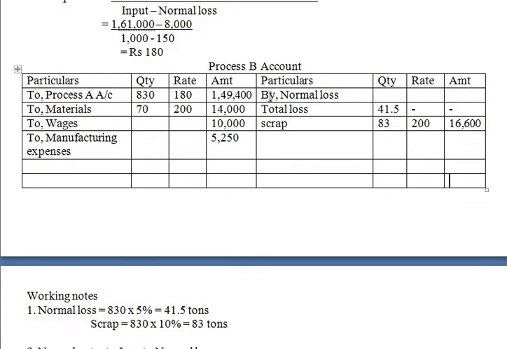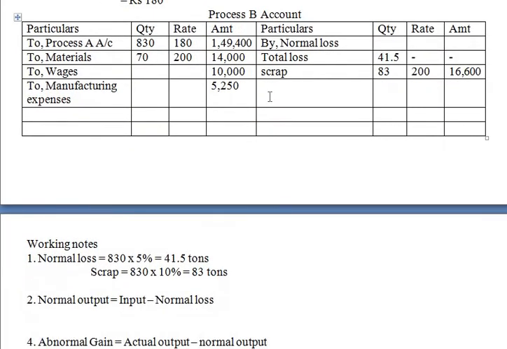Okay, now next step is to know whether there is abnormal loss or gain. So for that we will have second working note, that is calculation of normal output. Okay, and here input is 830 tons minus normal losses 124.5 tons.